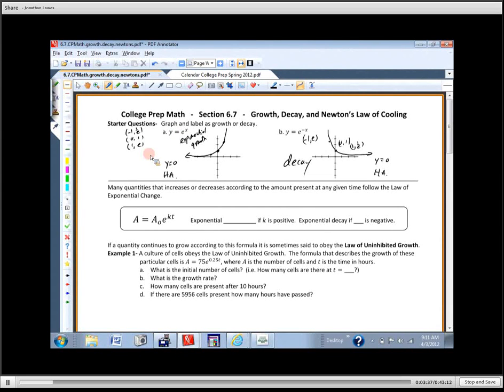Okay, so there are lots of quantities that increase or decrease exponentially, and we're going to go through a formula that we can use to solve these types of problems. This is called the Law of Exponential Change. That's it right there. We want to point out what each of these pieces are.